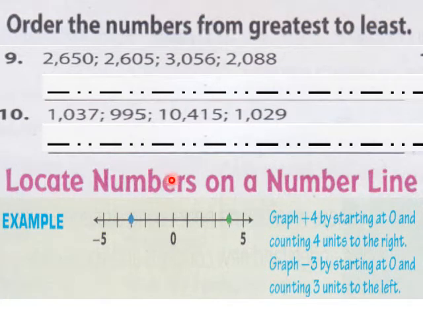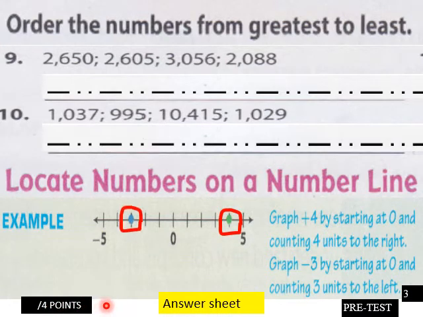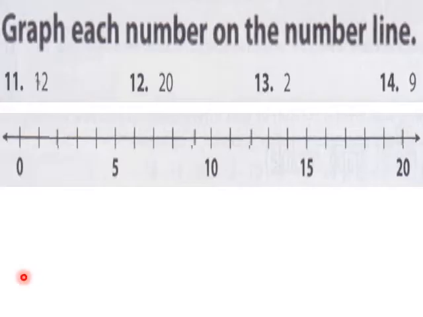And then locating numbers on a number line, graph +4, and then graph -5. So there's +4. Oh, I'm sorry, that's -3. -3, -1, -2, -3.